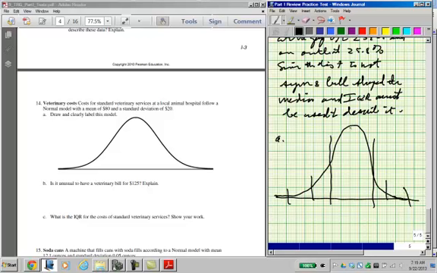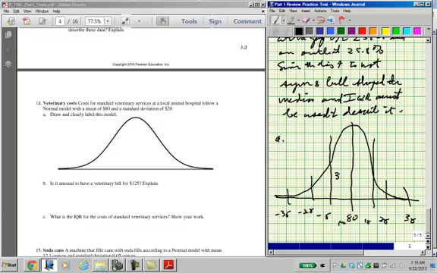All right, and then here's the median. Okay. So we're going to draw and clearly label the model. So you got 80. That's mu. And then 1 sigma, 2 sigmas, 3 sigmas, and -1, -2 sigmas, and -3 sigmas.